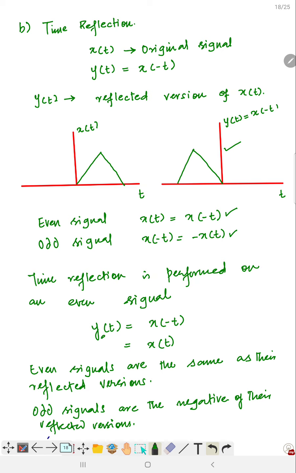So while this was for even, for the odd case it will be like this. Then similarly you can project the same thing in the discrete time case. So we can write y of n is equal to x of minus n, and that argument about odd and even also applies to the discrete time case.